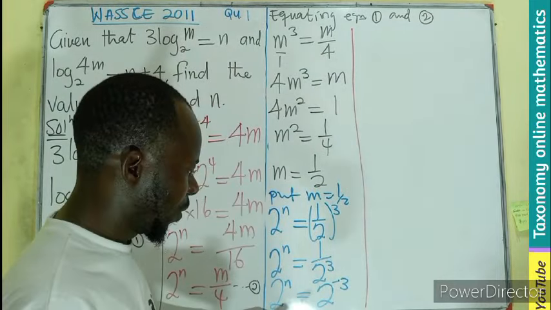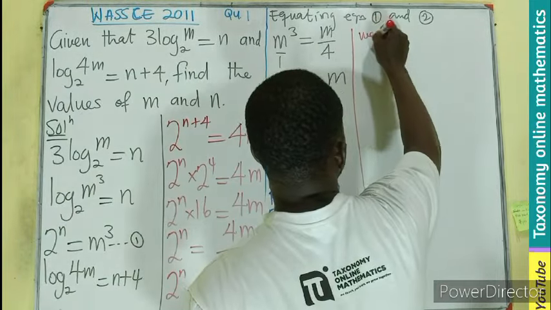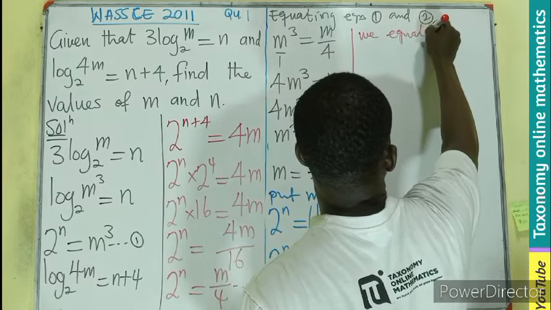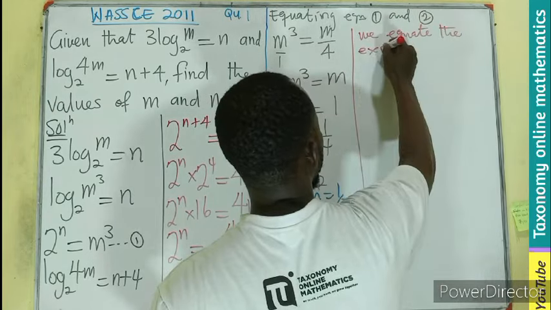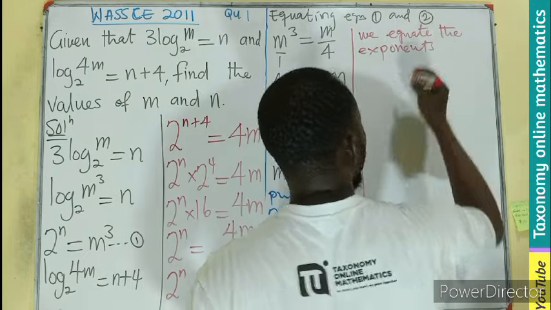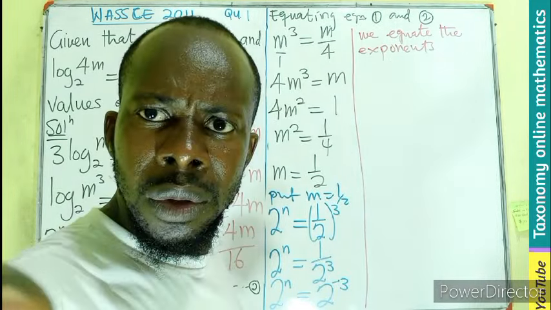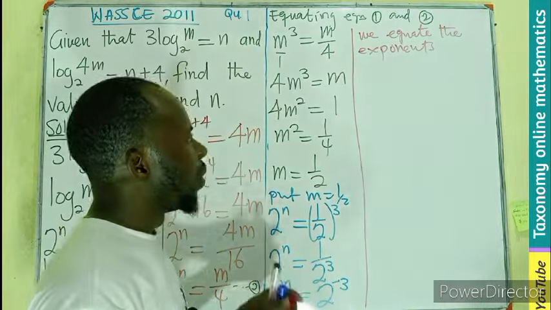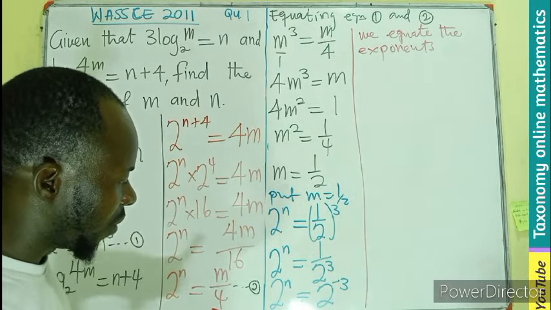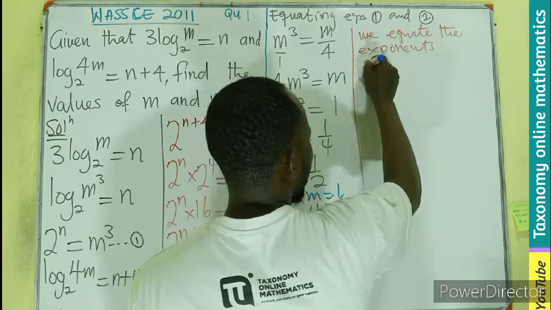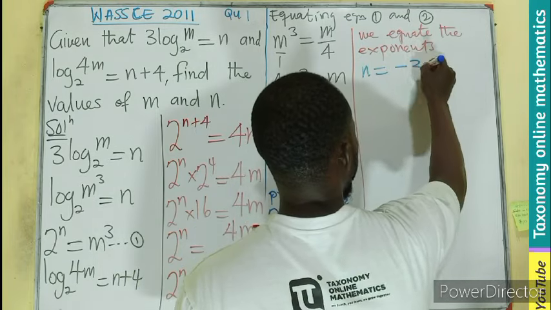So from here, we are going to equate the exponent, meaning our value of n is going to be negative 3.